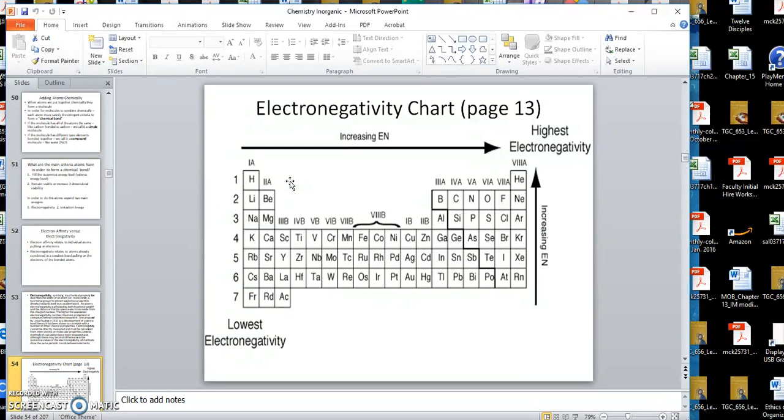Now, imagine this. The more shells you have, the further the outermost electrons are. So it's harder for them to be held to the nucleus because they're so far out. So the next thing is, and we're going to put this together real quick. The next thing is that in actuality, I'm going to start right here with another video.